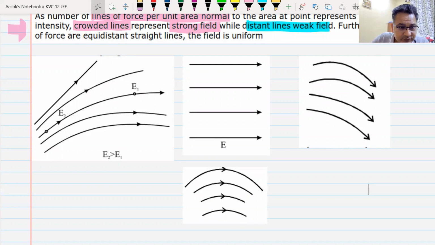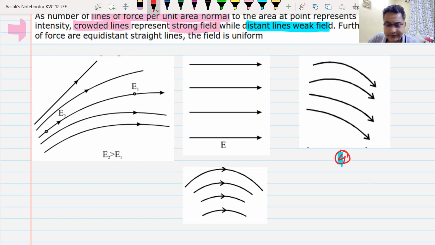What about this one? Fourth one. Fourth is this. Oops, wrong color. Fourth one is this one.